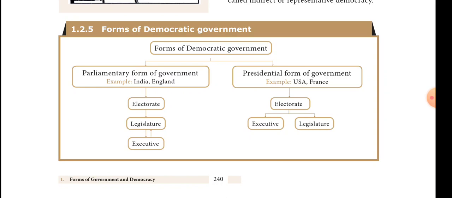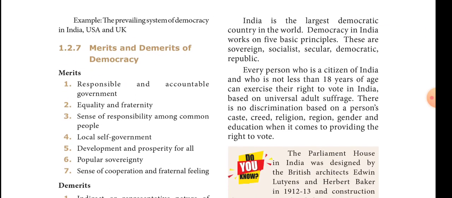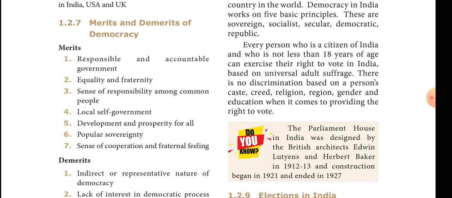In the parliamentary form there are three wings: electorate, legislature, executive. And in the presidential form: electorate, executive, and legislature. These are the forms of government. And also we discussed the merits and demerits of democracy.